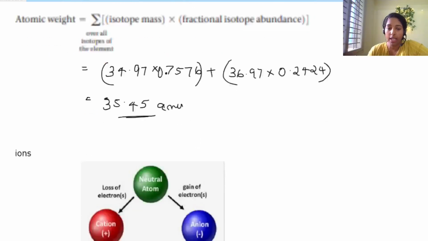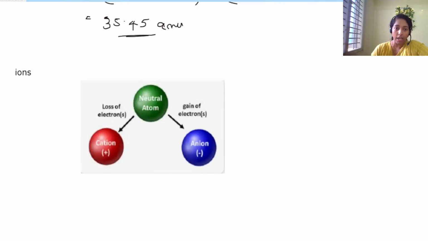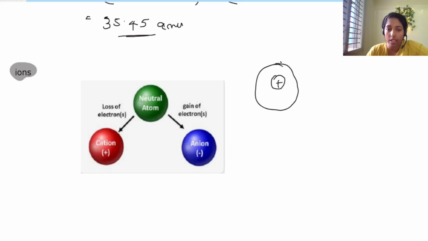Clear? Okay. The last topic is ions. What do you mean by ions? As I told you, atoms are always neutral. If an atom is not neutral, then we call it an ion. Then how does an atom get charged? You may think the nucleus is here with some positive charge and the electrons are revolving here, so you can make an atom charged by adding a proton, or by adding some electron, isn't it?